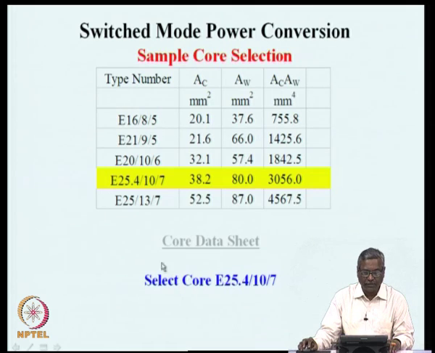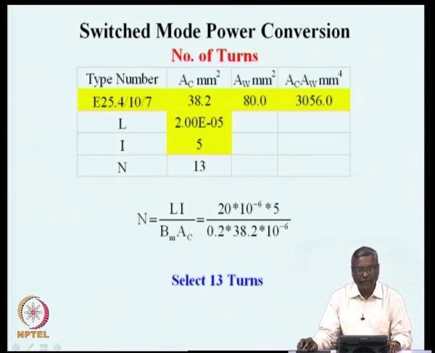So, after selecting this core, let us go further with the design. You can see that this is a core that has been decided. Our required inductance is 20 microhenry, the current is 5 amperes, and the relationship for the number of turns is Li by Bm AC. L is 20 microhenry, I is 5 and Bm is 0.2 Tesla, and AC for the selected core is 38.2.